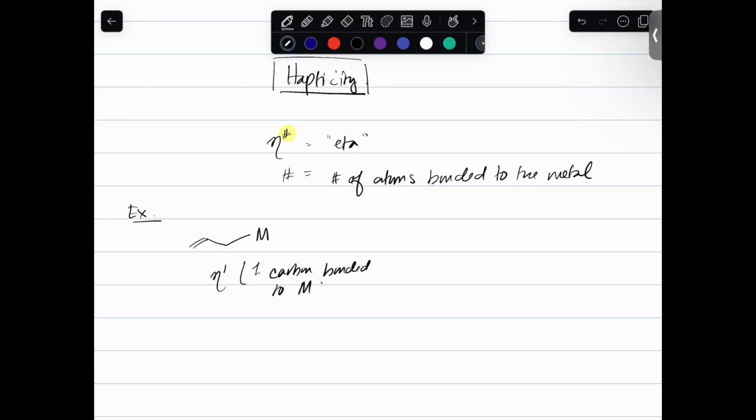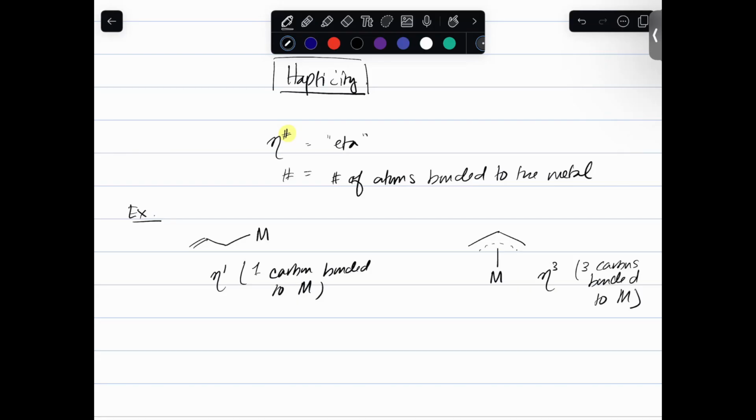to metal, okay? You can also have the allylic system bonded to the metal through the pi bonds, and this is eta 3, i.e. 3 carbons bonded to the metal.